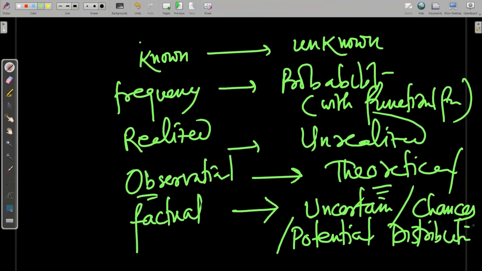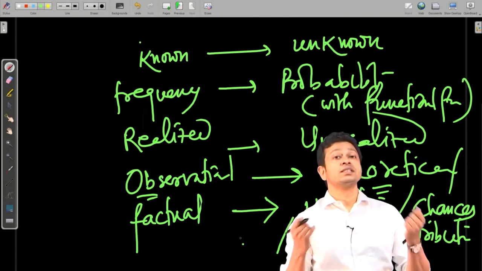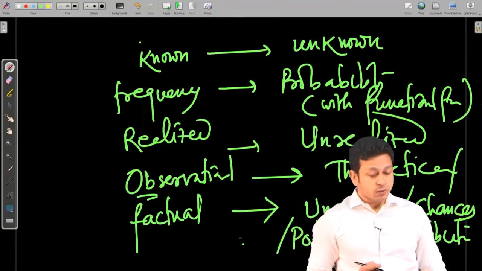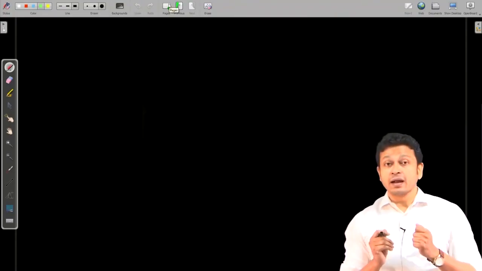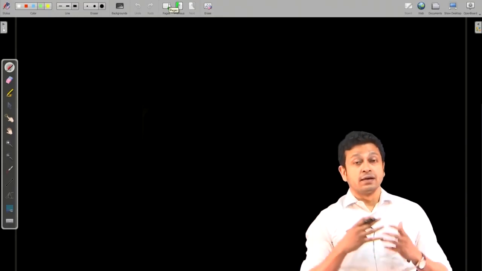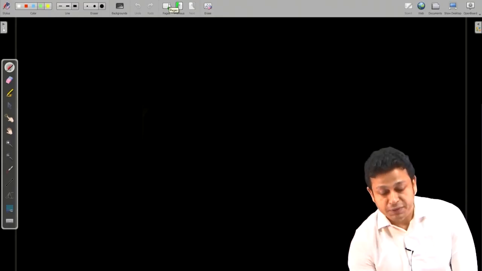This phenomenon, going from frequency to probability, is known as the double structure of variable. In one way you have the actual numbers, and in the other way you do not have actual numbers, but you have a potential distribution. Quite obviously, when I am talking about the potential distribution, I am using a random variable.